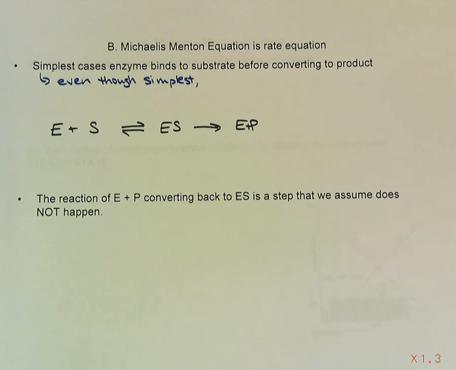So even though this is the simplest case, this reaction is going to have first order and second order processes, each with their own rate constant.